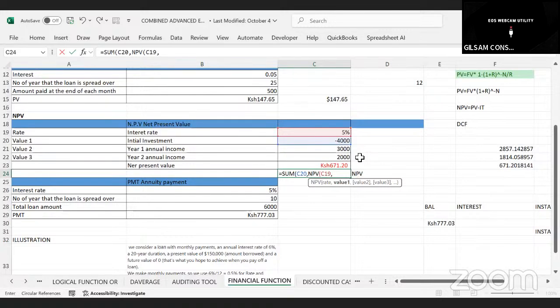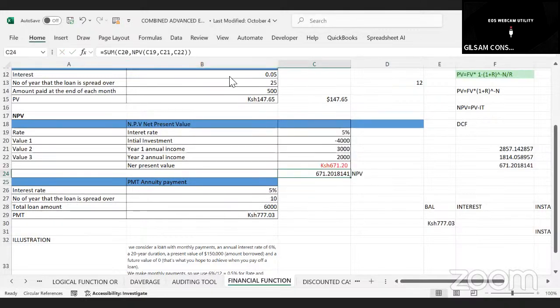For net present value, this one is direct because it asks you for value one, or the cash inflow one, which is this, and then comma, cash inflow two, which is this one. You can even go back to 10 cash flows because it depends on the number of years, and then you close the bracket and you get your net.